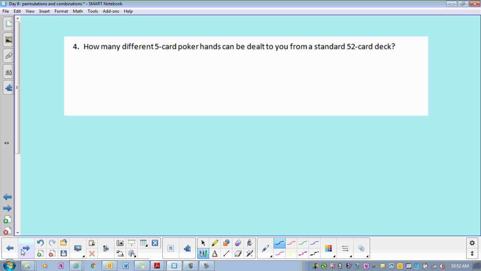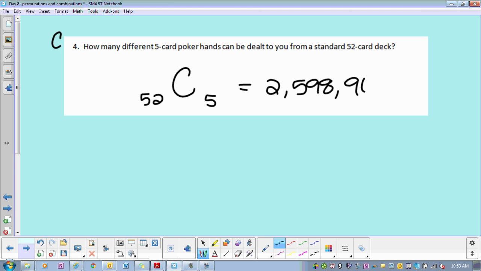Order doesn't matter. Oh, C. How many cards to choose from total? 52. Choose 5. Then what do you get? 2,598,960. Yeah.